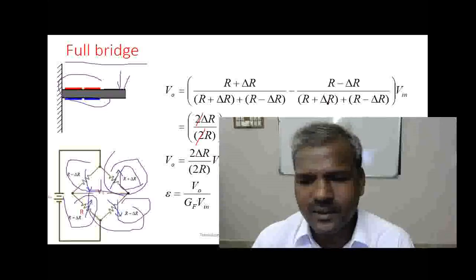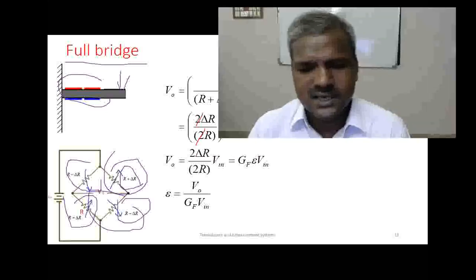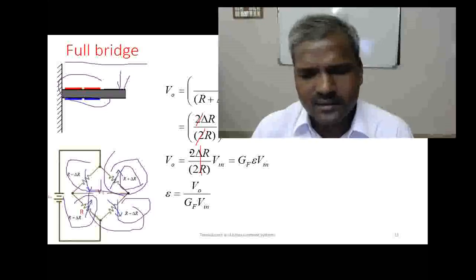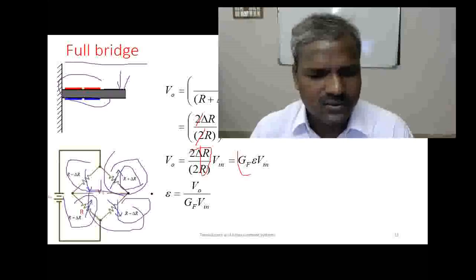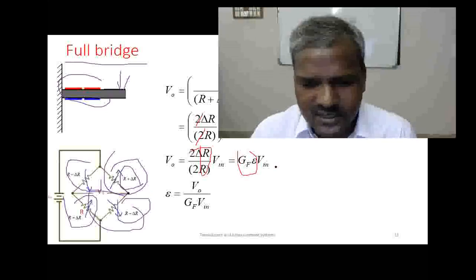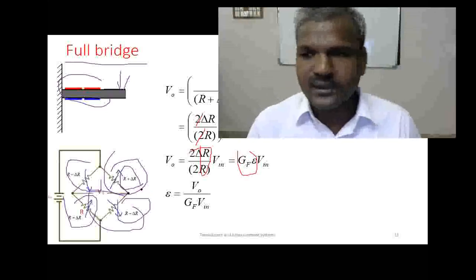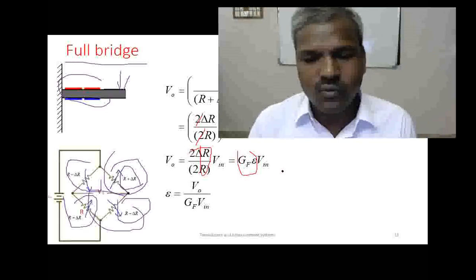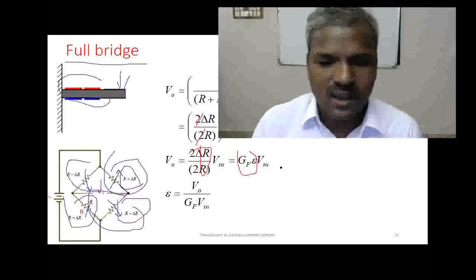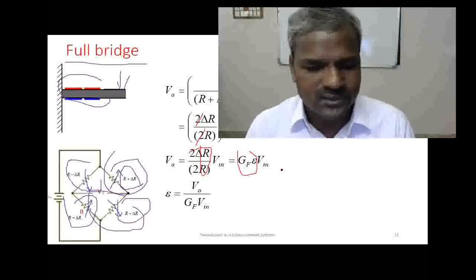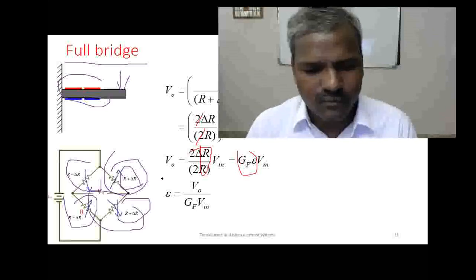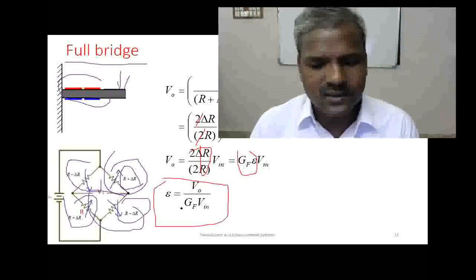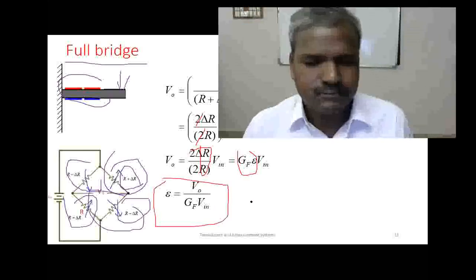Instead of del R by R, we put GF into epsilon, so GF into epsilon into V in. So the sensitivity of the full bridge is increased to 4 times that of the quarter bridge and 2 times that of the half bridge. The strain measured using this bridge is equal to the output voltage divided by gauge factor into V in.